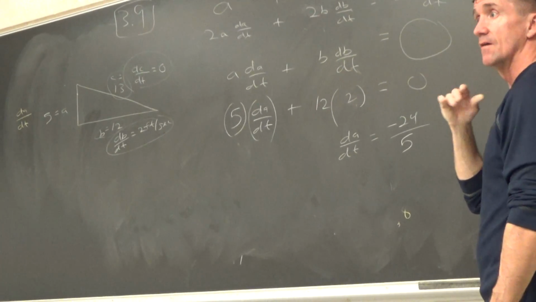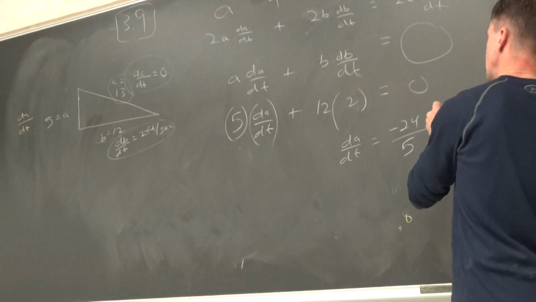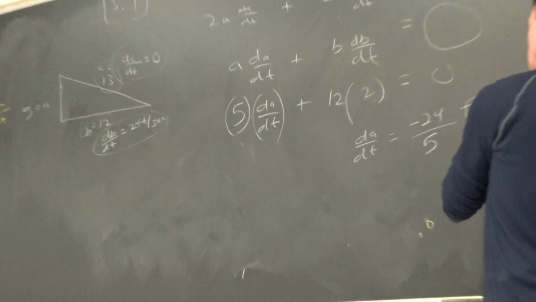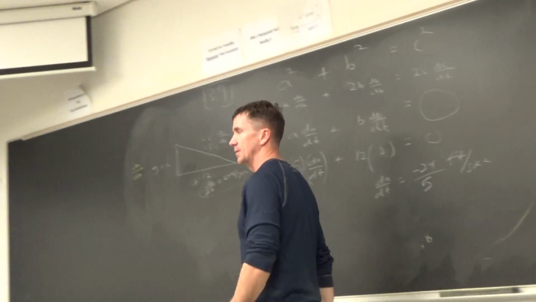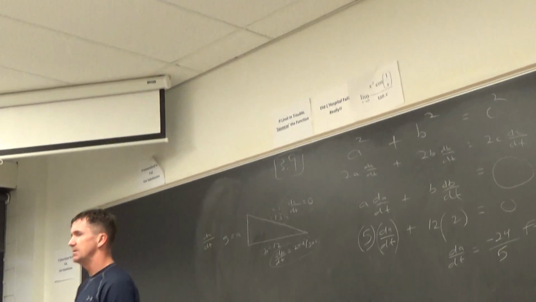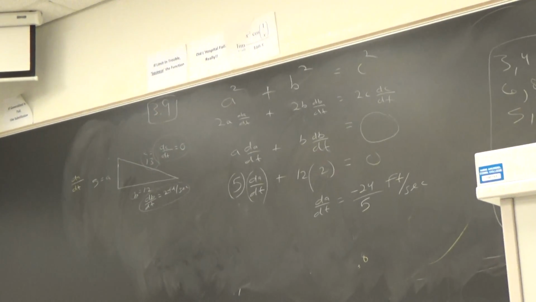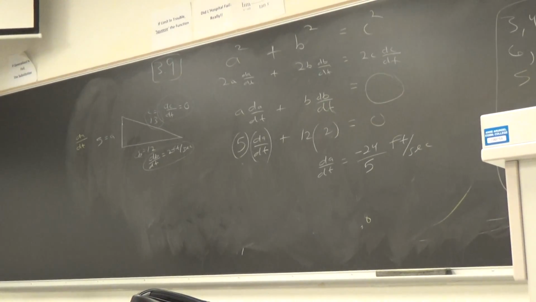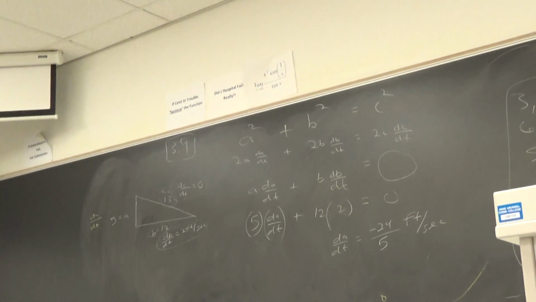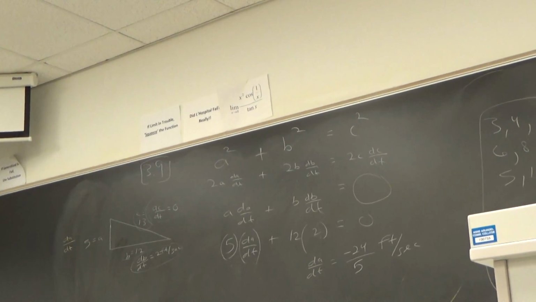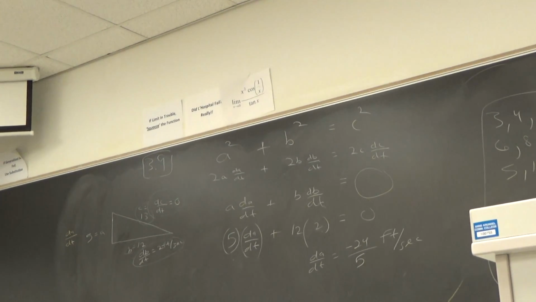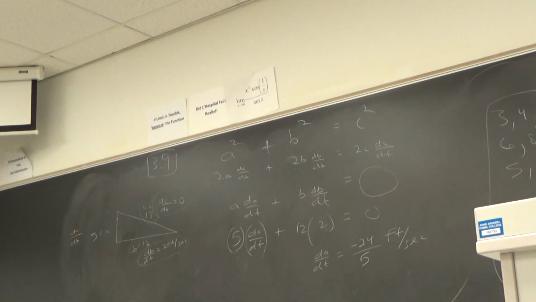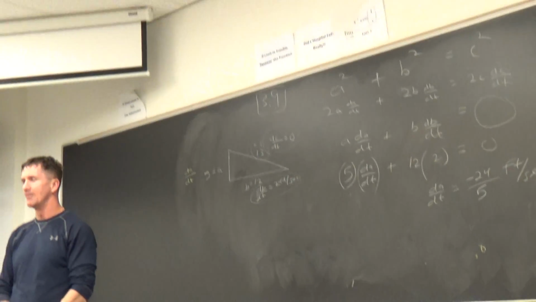Feet per second, very good, because we're not talking about area here, we're talking about length. So basically all related rates are kind of like a velocity. Yeah, you're right. They're all velocities. We're always finding velocity at an instant.